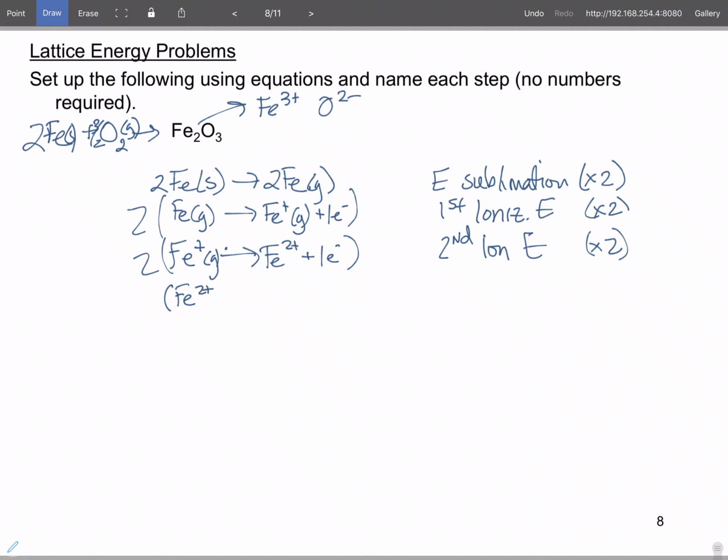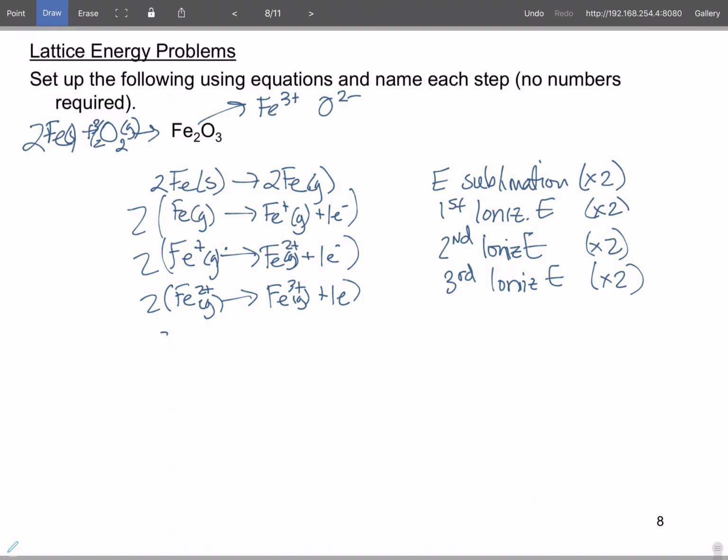So we're going to start with the 2 plus and go to the 3 plus. This would be the third ionization energy. And remember, you can abbreviate it or write it all out, times 2. So that gets us to iron where we need it to be. I didn't put these in as gases, but they are gases. Once we got it to gas, I'm kind of okay with it.